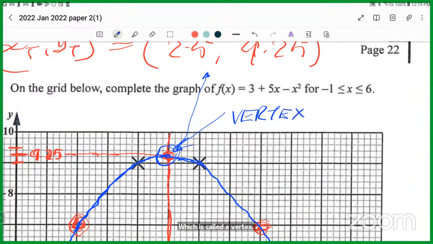That's where it occurs. The maximum value occurs at the vertex. It's 1 unique maximum value at 1 point. In the case of a smile graph, same concept, just that it's now at the minimum point. So the minimum value occurs at 1 single minimum point. It's on the line of symmetry, right at the vertex, right at the turning point.